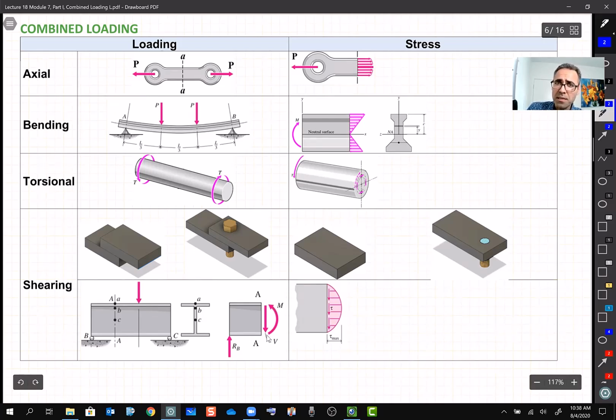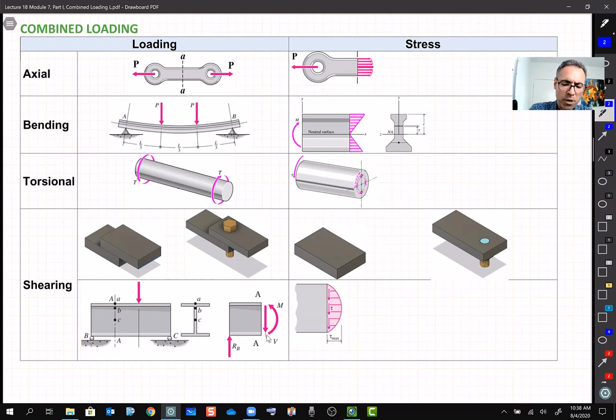But this V results in a shearing force. Again, if you forget, please go back to module 5 when we talked about shearing and bending.